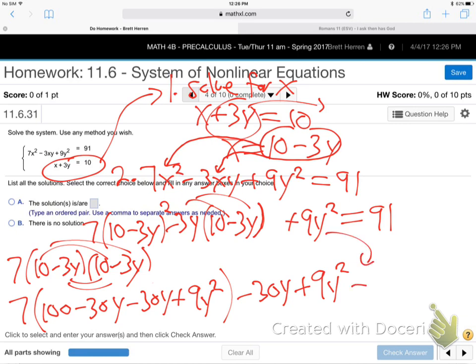And then bring down the other 9y squared equals 91. What a mess. Is that okay? See all the signs? See why that's a plus 9y squared? Negative times negative? That's the kind of thing you got to get to where you don't mess up those signs. This is a messy business here.